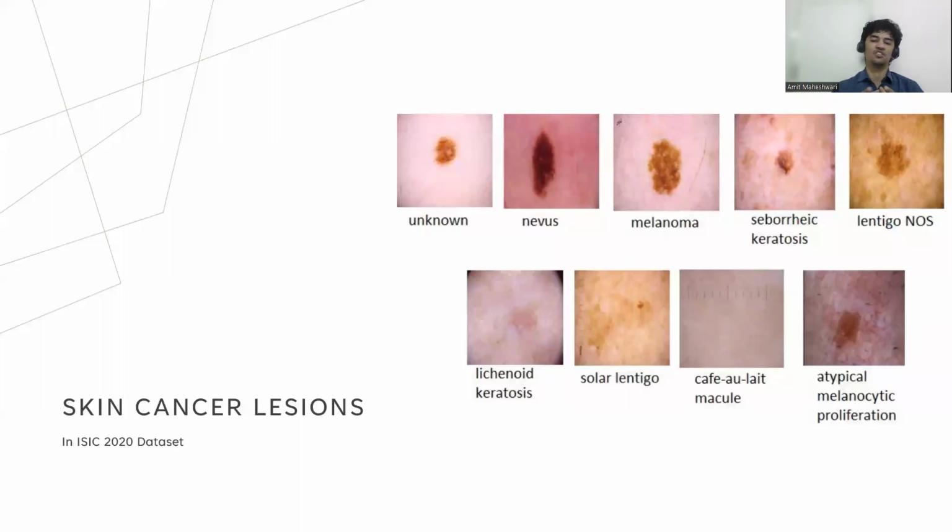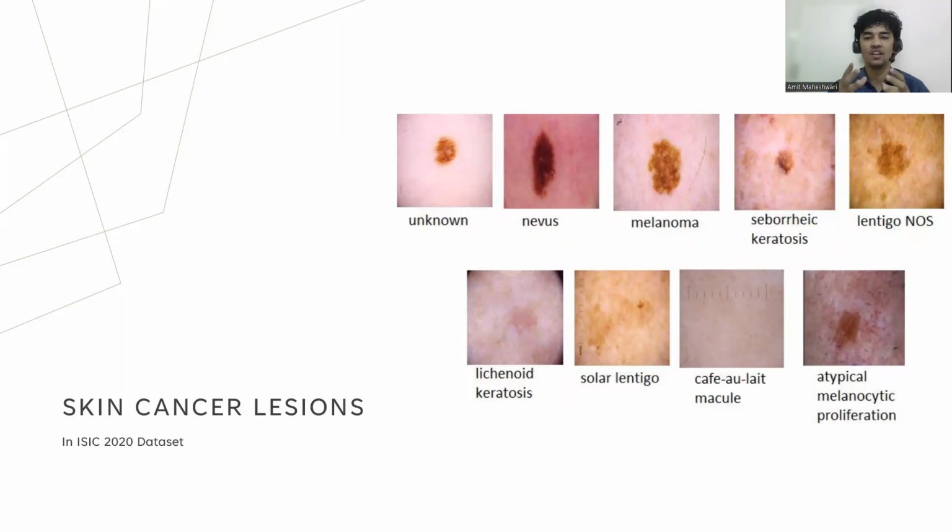In this research, we mainly talk about the ISIC dataset. For this research work, we have used the 2020 archive of the ISIC dataset, and on the screen you can see the sample images of this archive. These images are dermoscopic images of different skin lesions, and we can see that the variation in the images is huge.